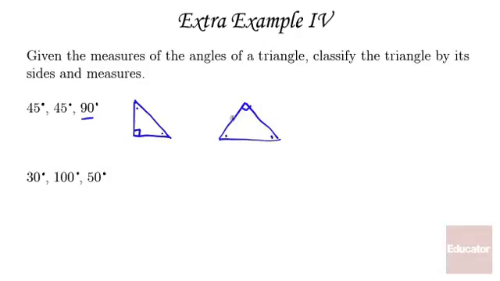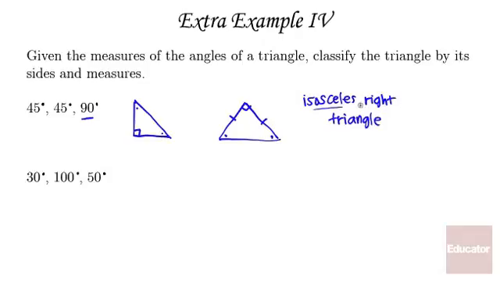Then that means these two sides are going to be the same because the distance from here to here and the distance from here to here have to be the same for these two angles to be the same. Okay, so then this is going to be an isosceles right triangle.